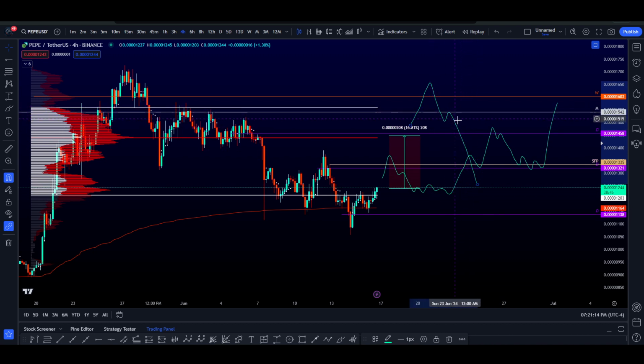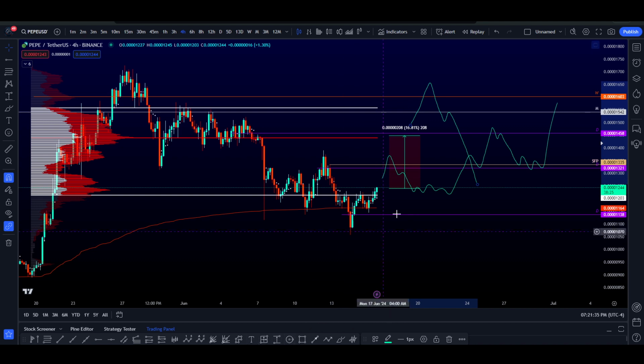If we start closing candles below here, because as you can see, this is supply, supply, supply, supply. If this gets flipped into demand, very strong, but if it gets lost as demand and flipped back into supply, I would be expecting a full rotation back down to the value area low.